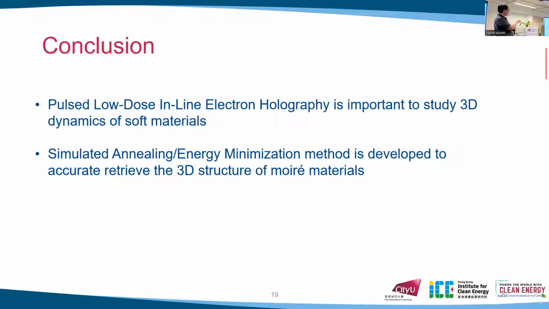Here we also developed the simulated annealing energy minimization method to accurately retrieve the 3D structures of soft materials. Besides bilayer graphene, we are also working on carbon nanotubes and other biomaterials.